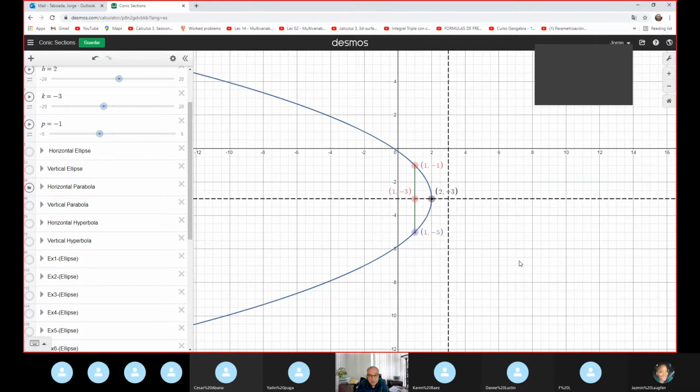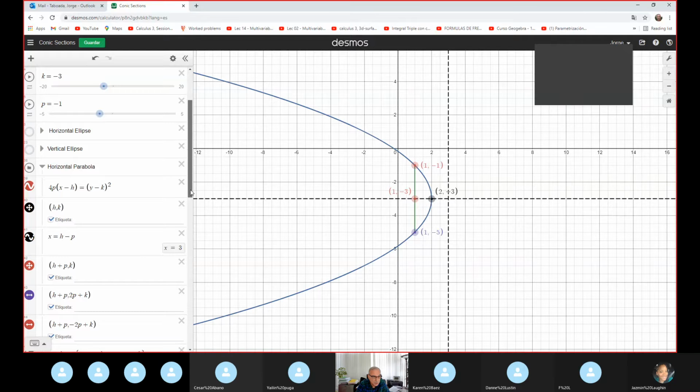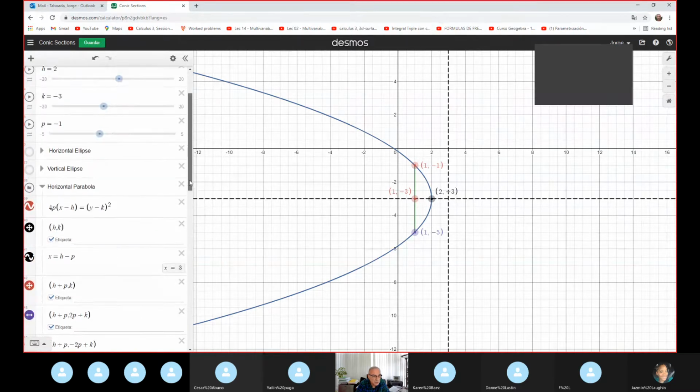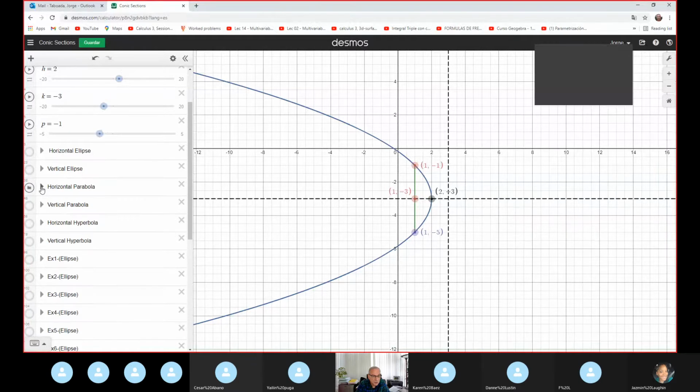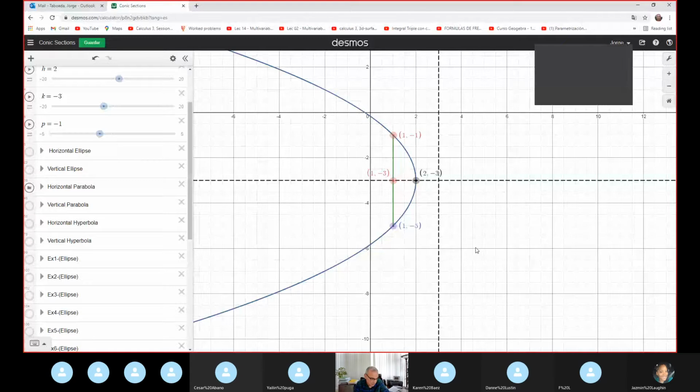The idea is, if you want to see, well, okay. I have here, so you open that arrow, you see the super general equation. Okay, I don't want you to memorize this. And you see, let me see. Remember the vertex was (2, negative 3).